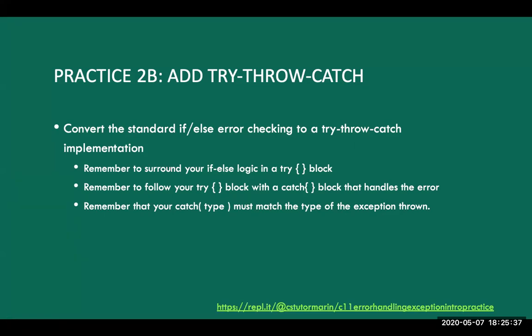Put the try block around your if then else logic, and then throw an error if something bad happens. I think in this case we're trying to test for a divide by almost 0, and then we're going to try to catch that and handle the error in some way. And so you really can just mirror the logic that's already there, but we're going to move it into a try catch representation.